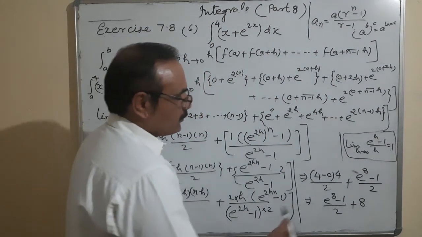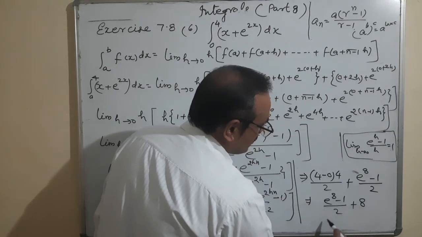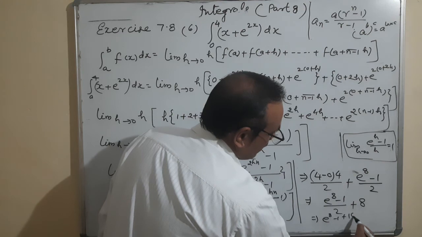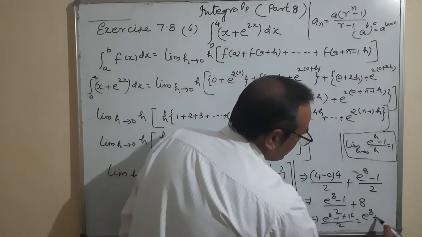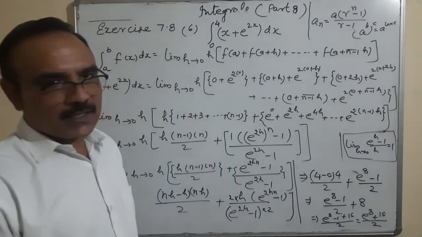If you want to take the LCM, taking 2, then what is coming? e to the power 8 minus 1 plus 16 upon 2. So e to the power 8 plus 15 upon 2. That could be the final answer.